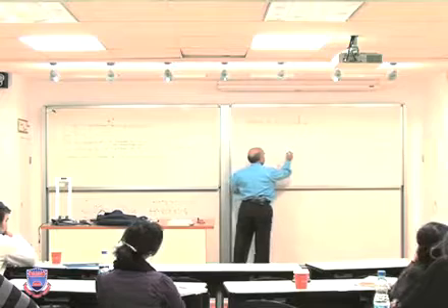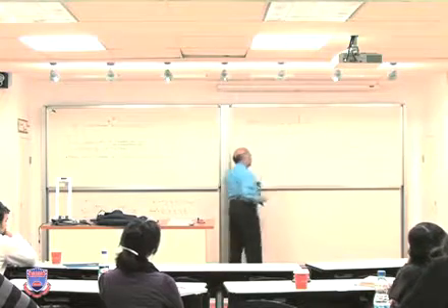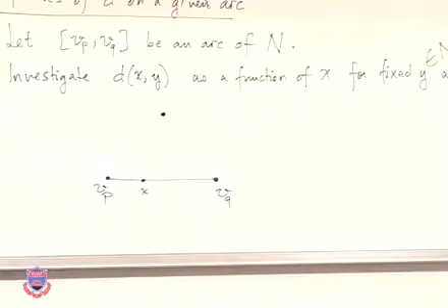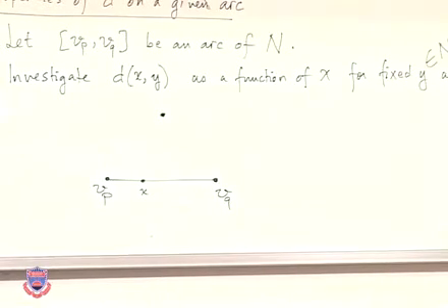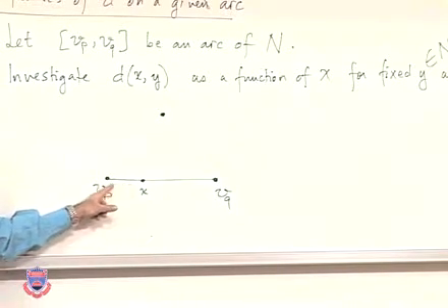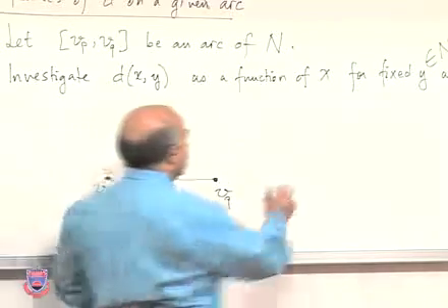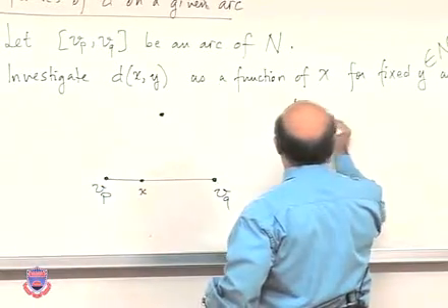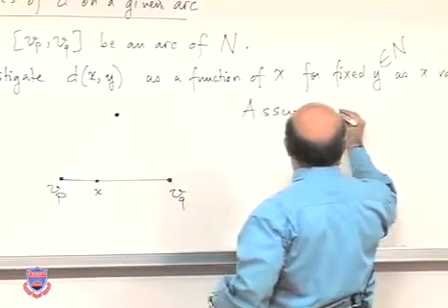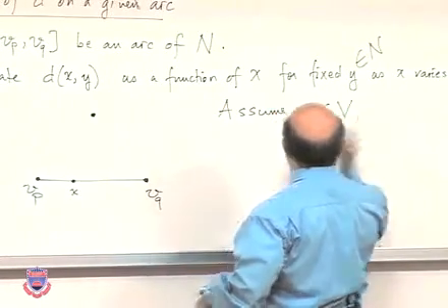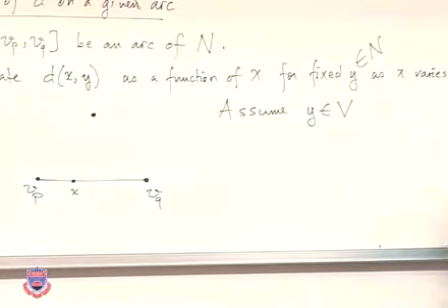And y is some point, let's just assume it's outside of the edge under consideration. It could be one of the endpoints vp or vq. So let's assume initially y is in the vertex set, okay?